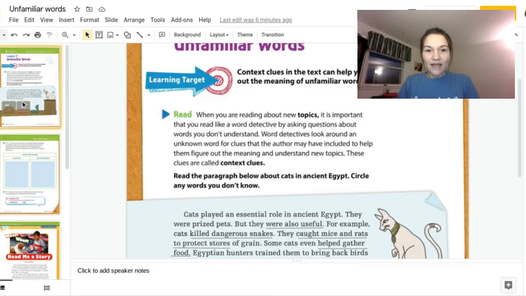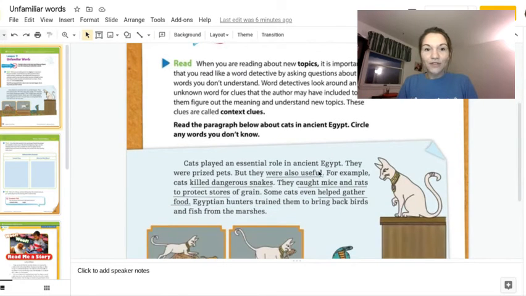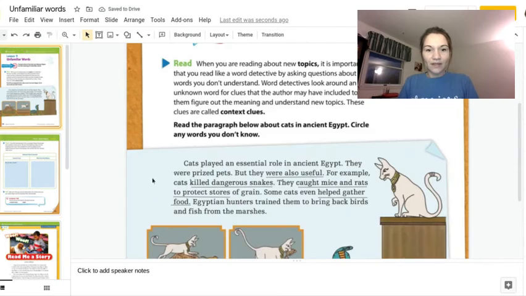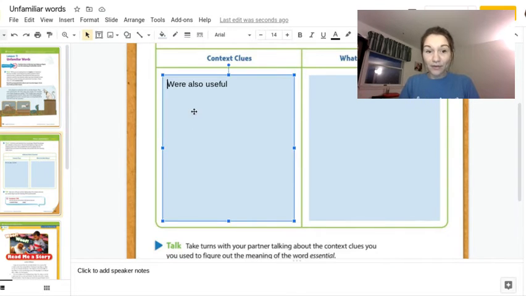The author said that they were also useful. So the author gives us a synonym, or a word that means the same. Let's see. Were also useful. I'm just going to put that phrase there. These were examples of how they were useful.